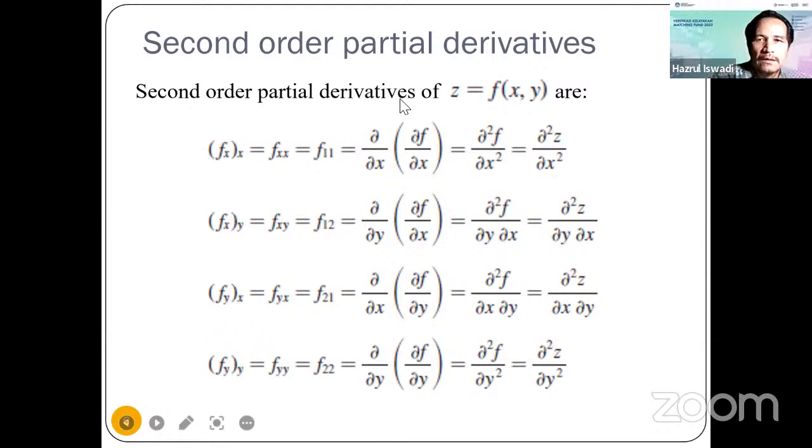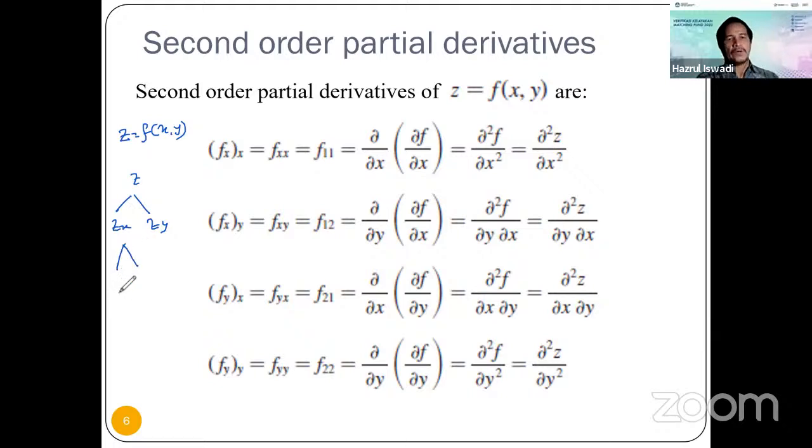So if our function has two variables x and y, so from z we will have zx, zy, and from zx we will have two branches, zxx or zxy, and also for zy here we have zyy or zyx.